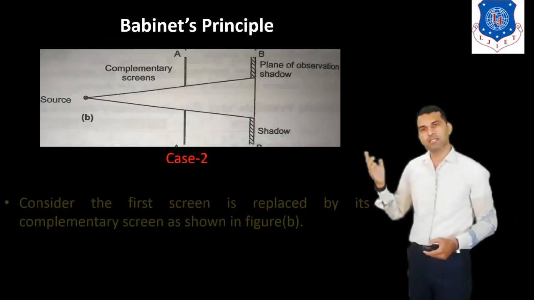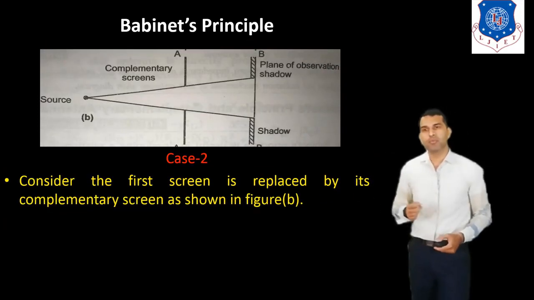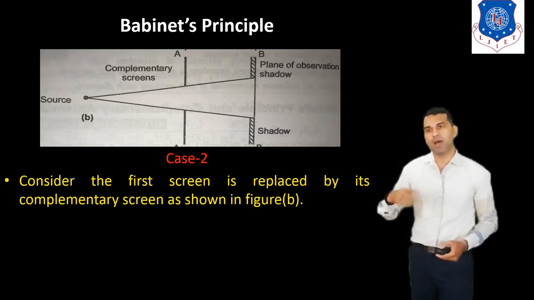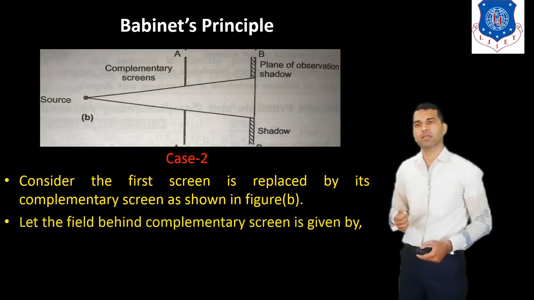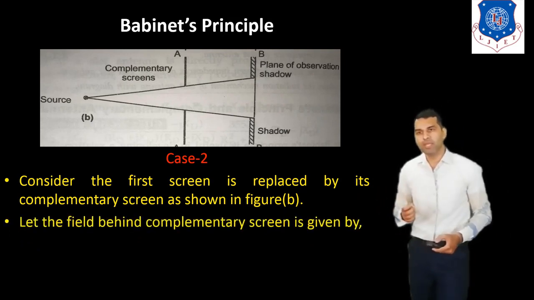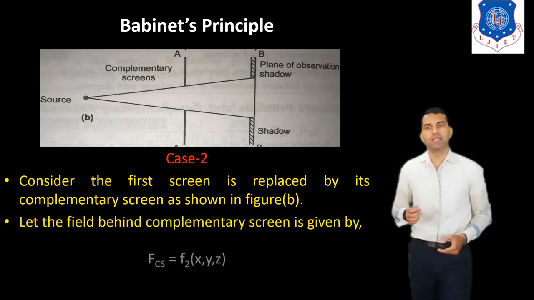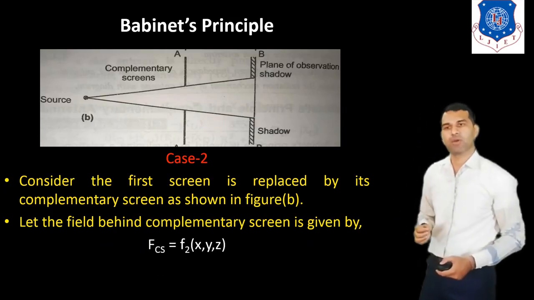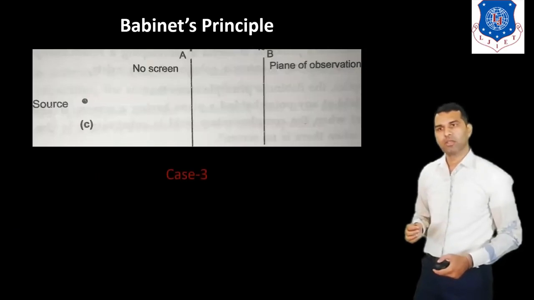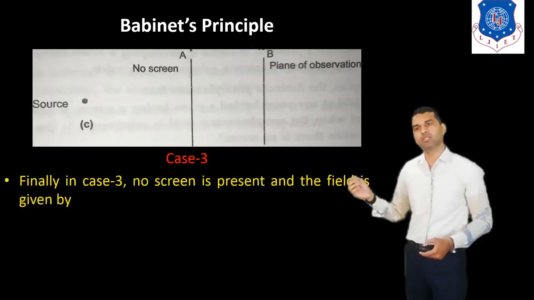Now we consider the second case. Consider the first screen is replaced by its complementary screen, as shown in this figure B. Let the field behind the complementary screen be given by FCS equals F2(x, y, z). And now we consider case number 3.